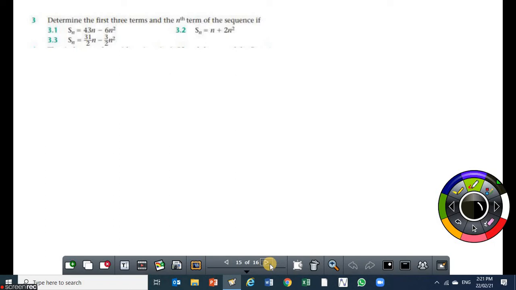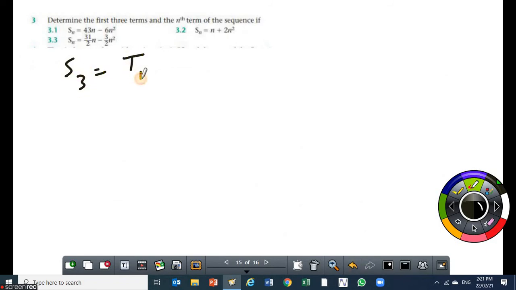I want you to be aware that if you are given the series formula like that, you can connect it with Tn. This is how you can connect with Tn. I'm going to give you an example. Let's say if I give you 3 terms, like say S3.